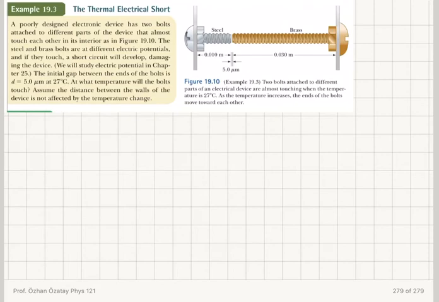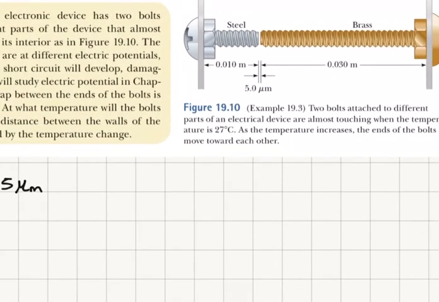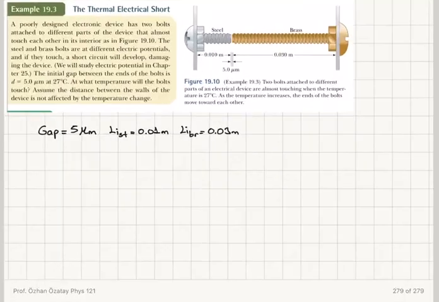And the initial lengths are given here. So I have a gap we're supposed to fill, which is 5 micrometers. I have to read the initial length of the steel, that's given here for steel, 0.01 meters. Initial length of brass is given, 0.03 meters.